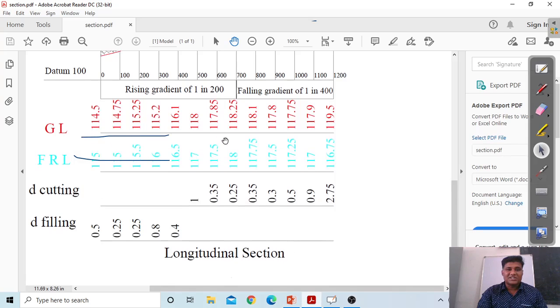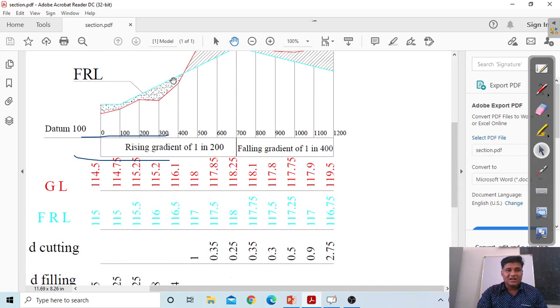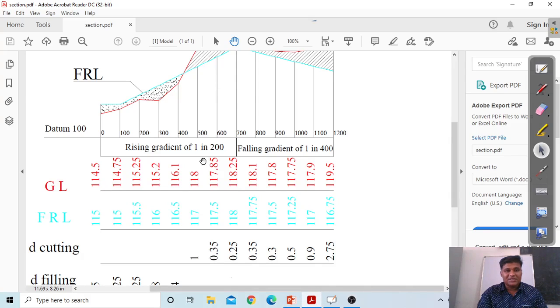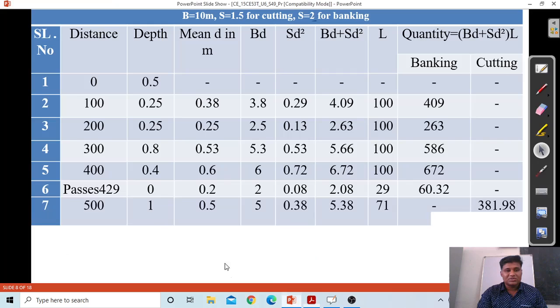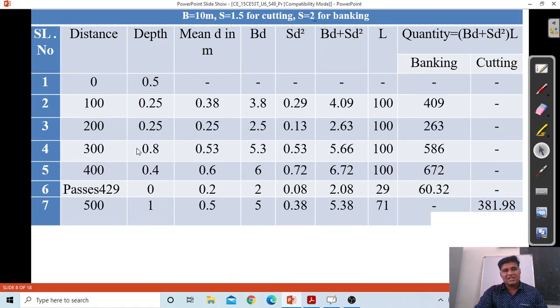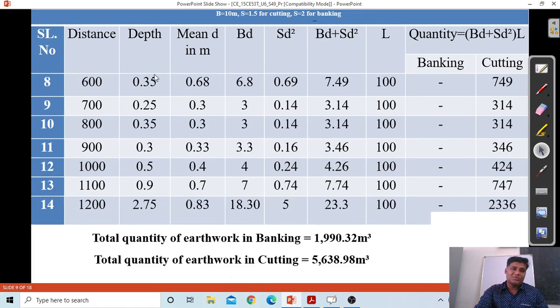Then the section is passing, after 400, from filling to cutting. I have already found out the distance from here to here. The chainage is 429 meters, from the previous slide. So at 429 meter, the depth is 0. Again at 500 meters, the depth is 1 meter. Again, it should go on continuing up to 1200 meters.